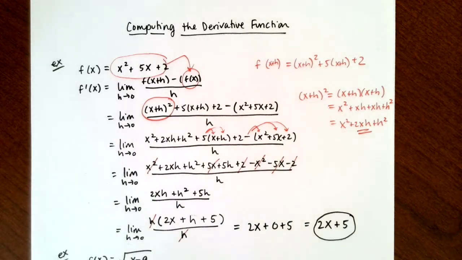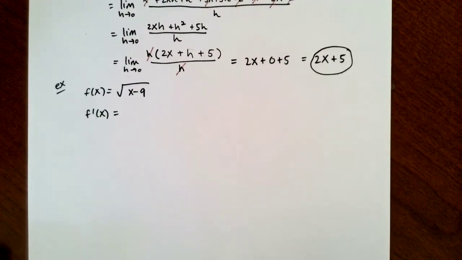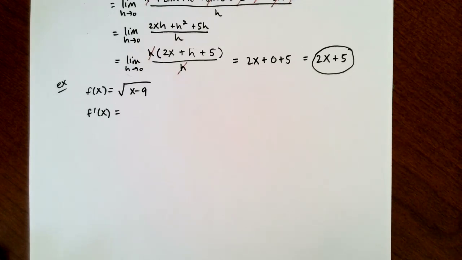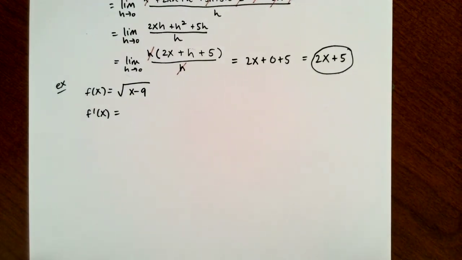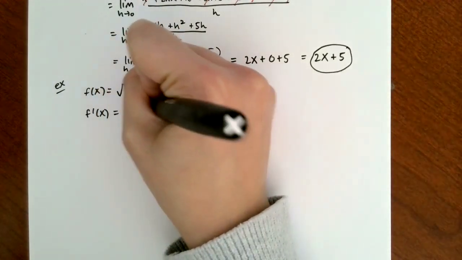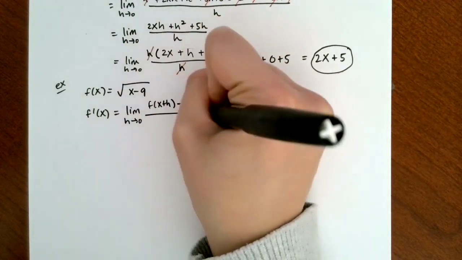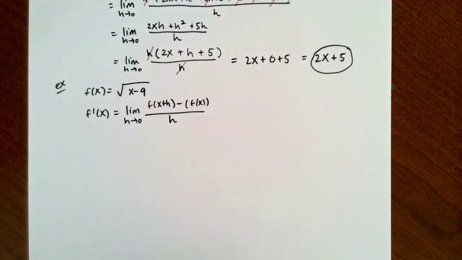All right, let's try it one more time with a different function type. Here we have the square root of x minus 9, same task. So I'm going to start off with the same f prime of x definition as before. The limit as h approaches 0, f of x plus h minus f of x all over h. And again, the two pieces of the numerator are my first task here.